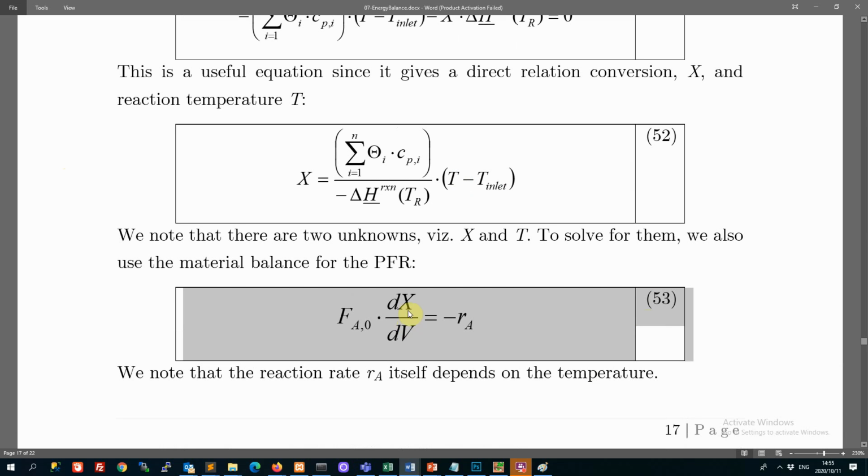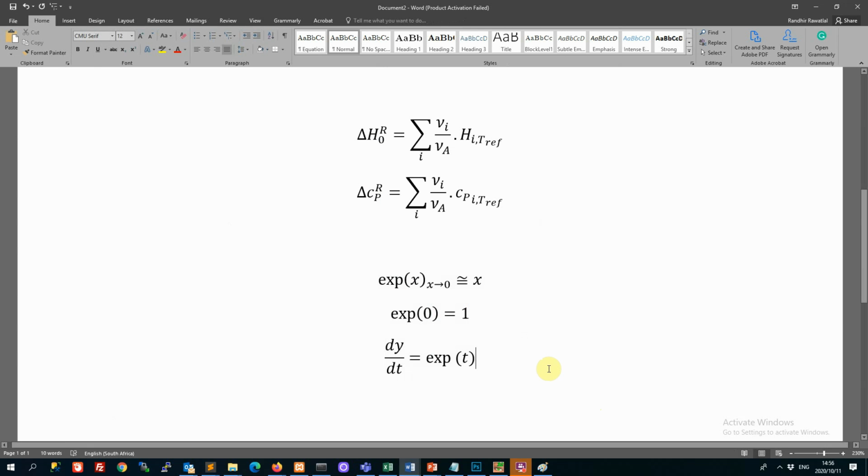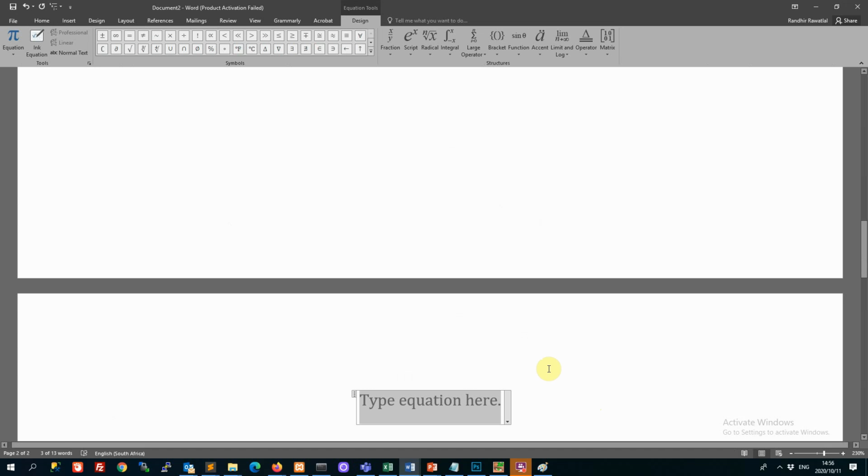It does mean that we have to think about updating this in the light of temperature not being the same. So let's just rewrite this equation here. So we have here dX/dV equals minus r_A over F_A,in.